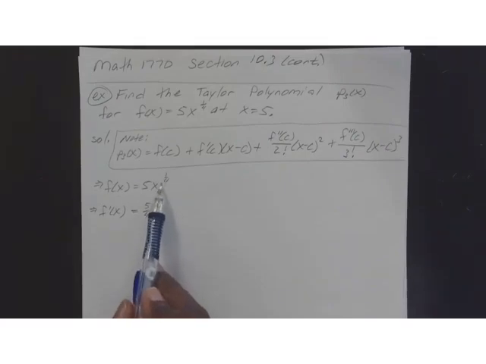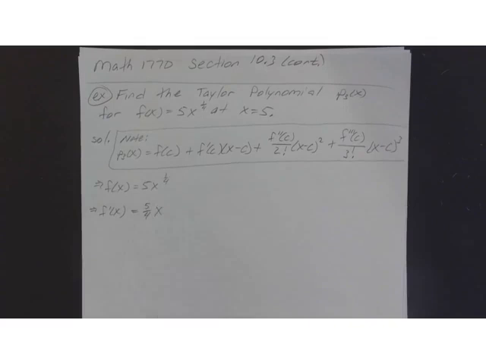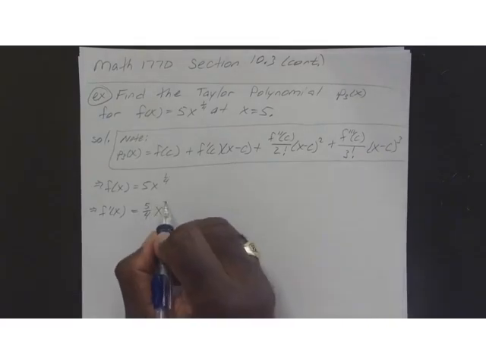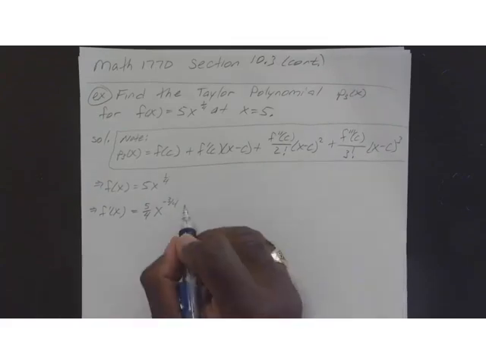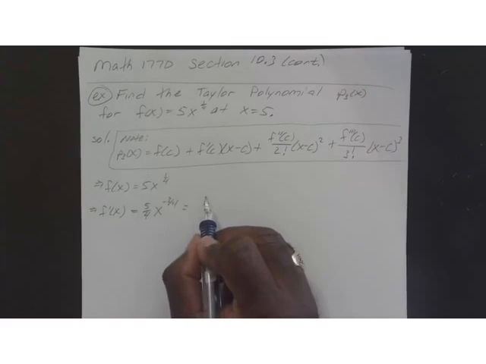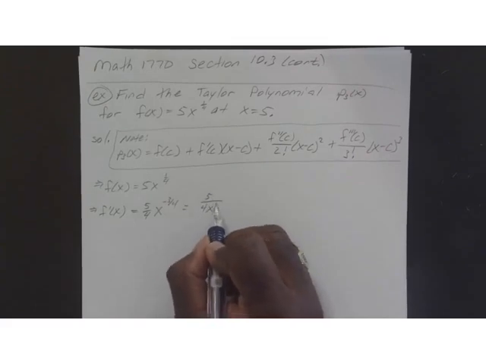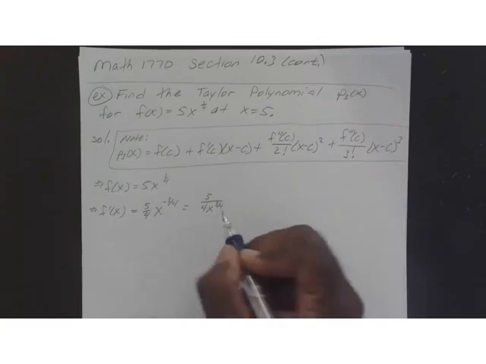So 1 over 4 minus 4 over 4 is negative 3 over 4. Or you can rewrite that as 5 over 4 times x to the negative 3/4 power.